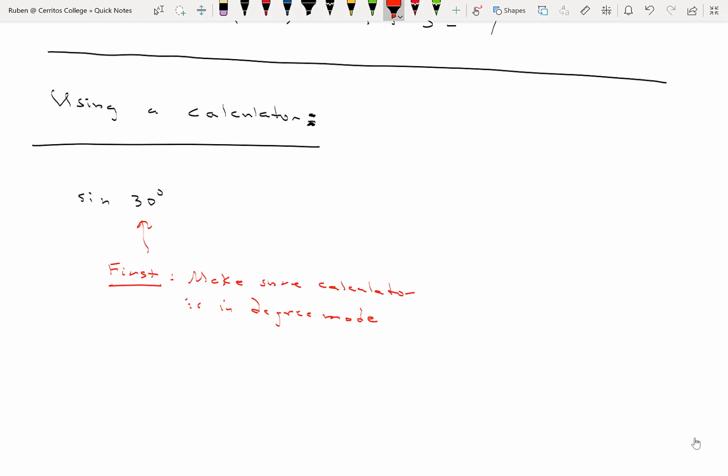So I would put the cursor down so it's flashing over degrees, and I push enter, and now the calculator is ready to compute the trig function values in degrees. I would push second mode, second quit, to get out of there, and all you have to do is push sine 30. You don't have to put degree symbols. Your calculator is already interpreting the angle as degrees. Close the parentheses and push enter. And what you should get is 0.5.